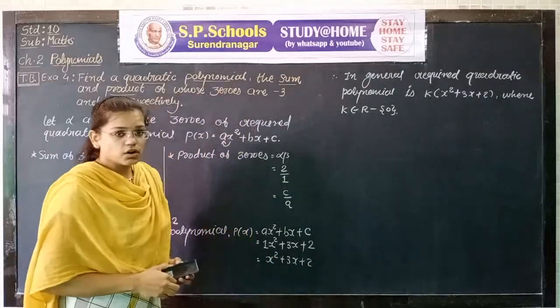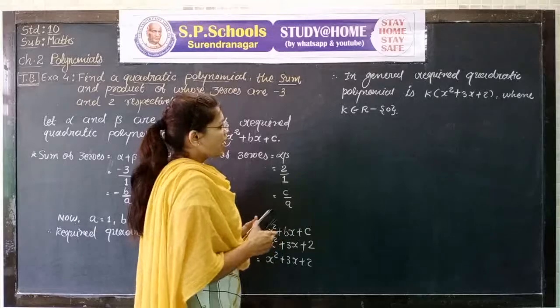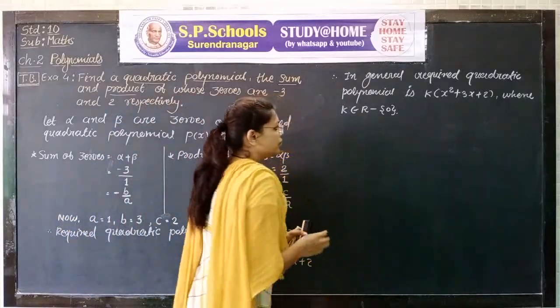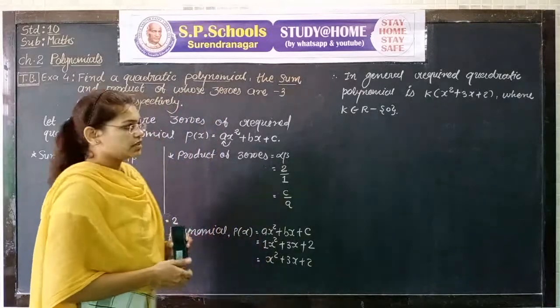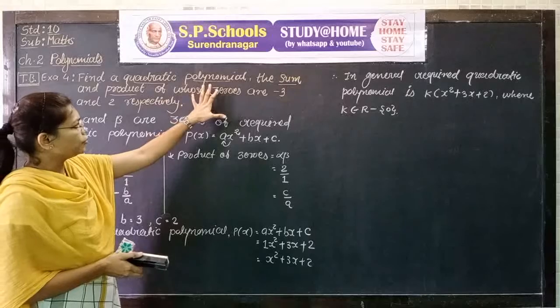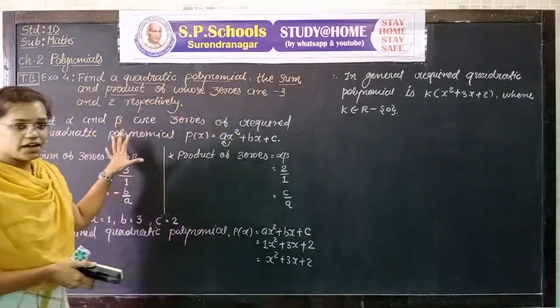K does not equal 0. K belongs to any real number but not 0. It is an example to find a quadratic polynomial where the sum and product of whose zeros are given.